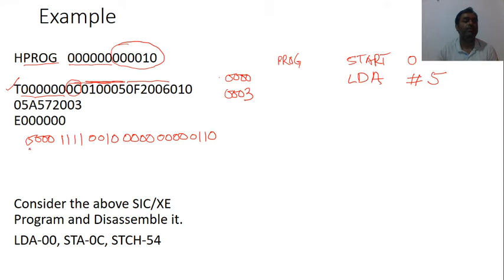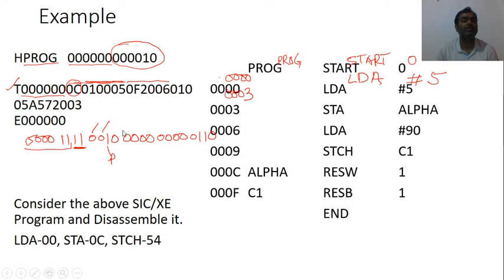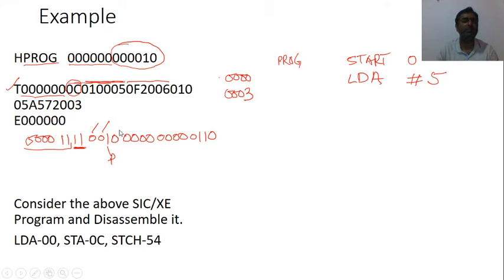Now I am putting this instruction into format 3. This will be our opcode. Then NI is 11 here, that means there is direct addressing. X is 0, B is 0, P is 1, that means there is PC relative addressing. And E is 0, that means this is written in format 3.